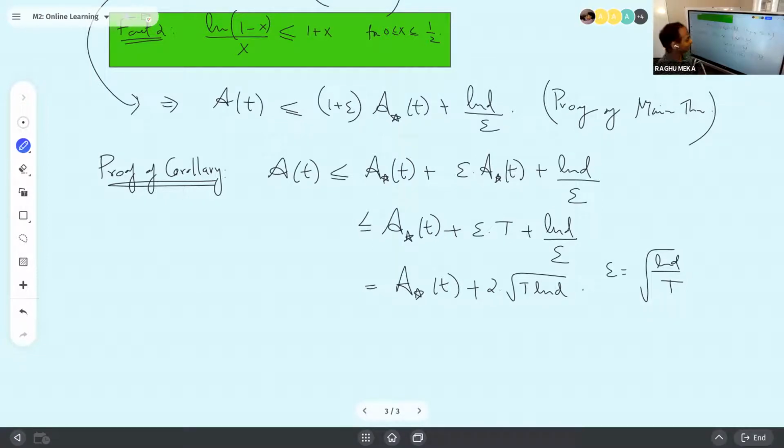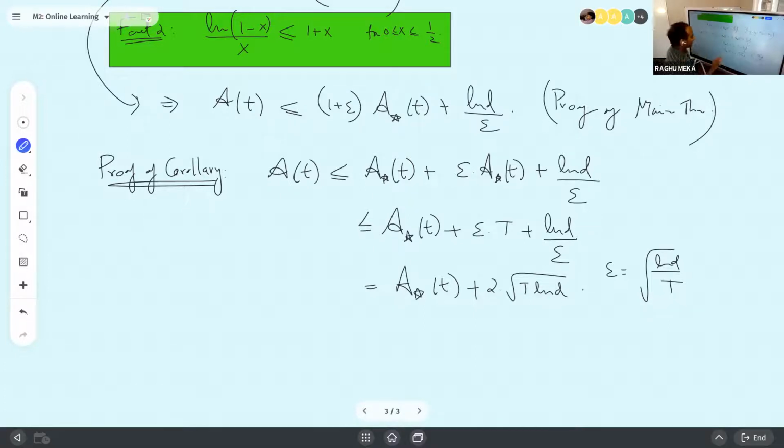The nice thing now is that this is a no regret algorithm, in the sense that the average loss, how far you are from the performance of the best expert, averaged over t, goes to 0 as t goes to infinity. And we have the square root of t ln d here.